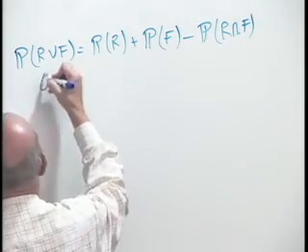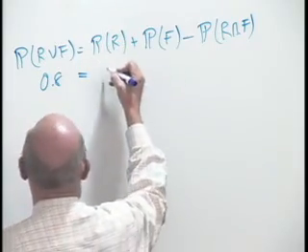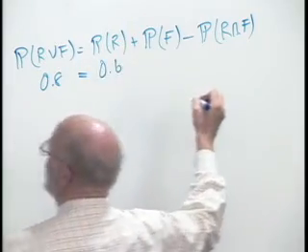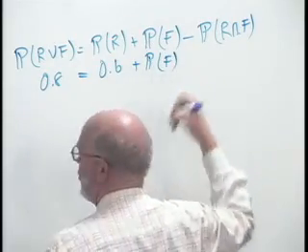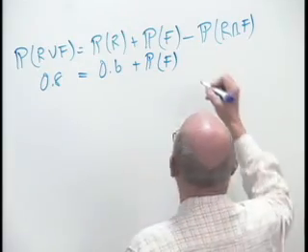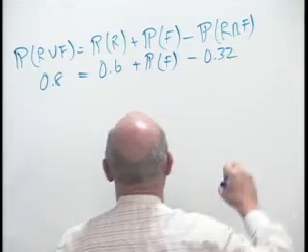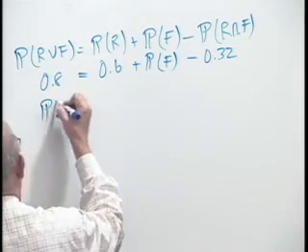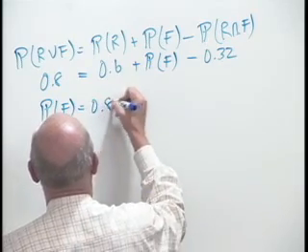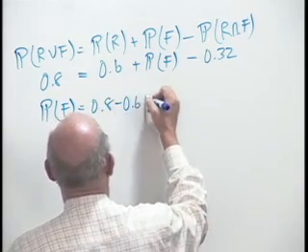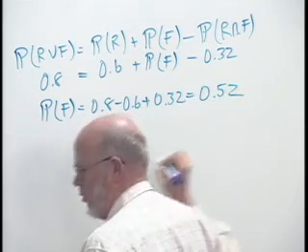We've got 0.8 equals P of R, which is 0.6, plus P of F, which is unknown, minus P of R intersect F, which is 0.32, and therefore P of F is equal to 0.8 minus 0.6 plus 0.32, which is 0.52.